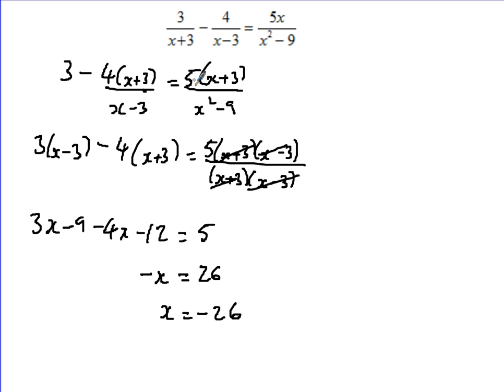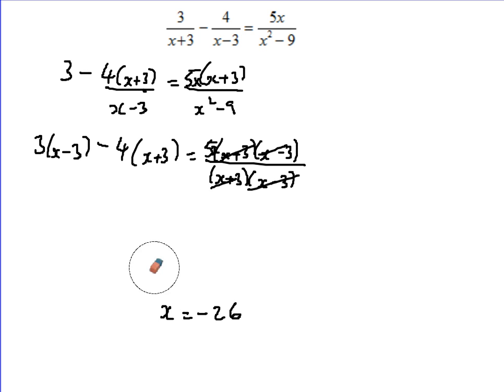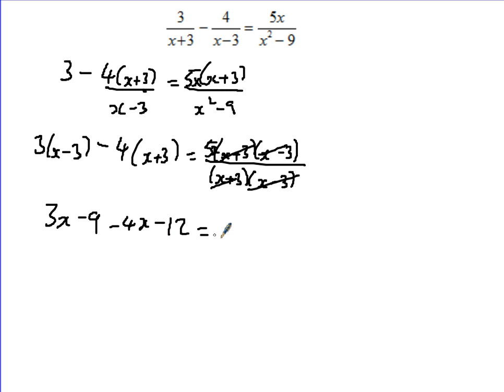And I've just realised here I've actually missed an x out, haven't I? Missed an x out from the start, so that should be 5x. So let's just scrap this line of working out and just do that bit again. Sorry for the mistake there. 3 times x is 3x, 3 times minus 3 is minus 9, minus 4 times x is minus 4x, minus 4 times 3 is minus 12, and that gives you 5x on this side.